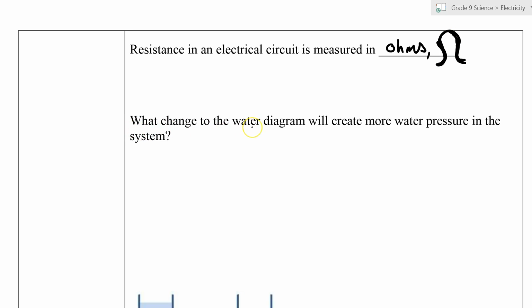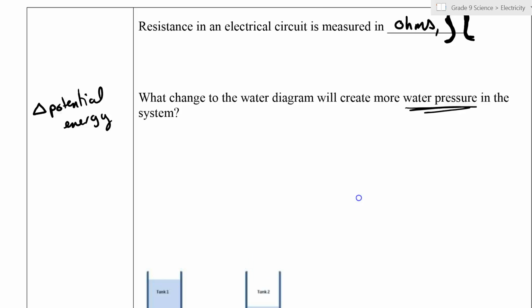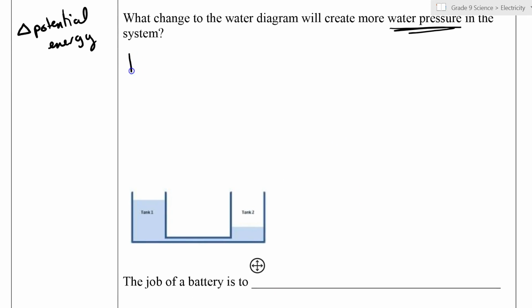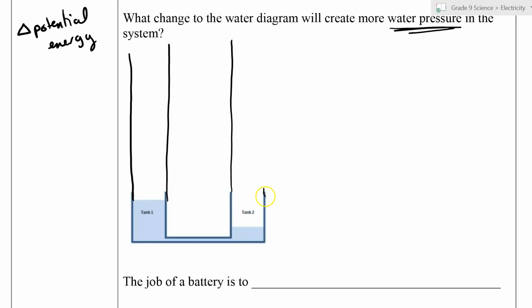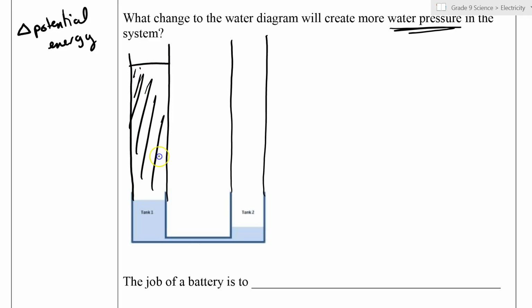So what change in the water diagram will create more water pressure? We are now going to talk about the difference in potential energy. Well, if I would take this tank and extend the tank all the way up here, I would say that a water molecule that is up here has way more potential to do way more work than, say, a water molecule down here.